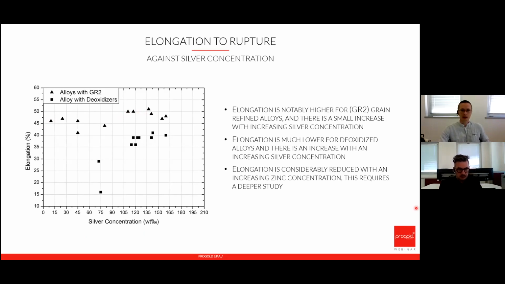The zinc instead seems to give an opposite effect. High zinc content has less elongation. And as we saw before, we can clearly see that the presence of deoxidizer lowers the mechanical properties. In this case, it is lowering the elongation to rupture.